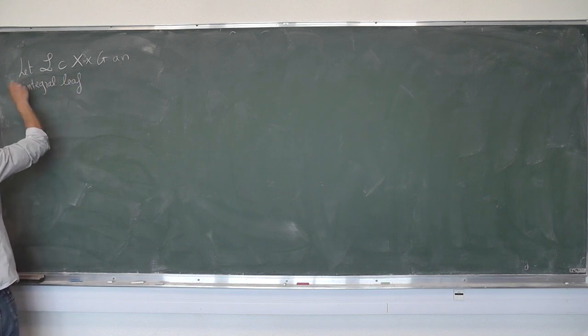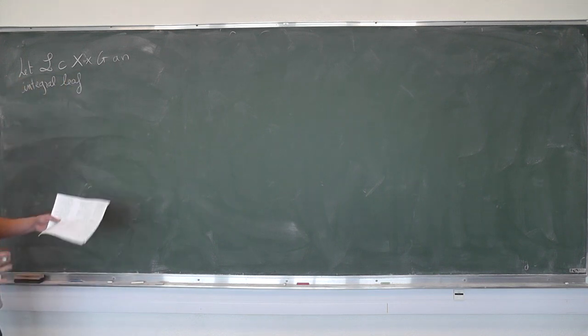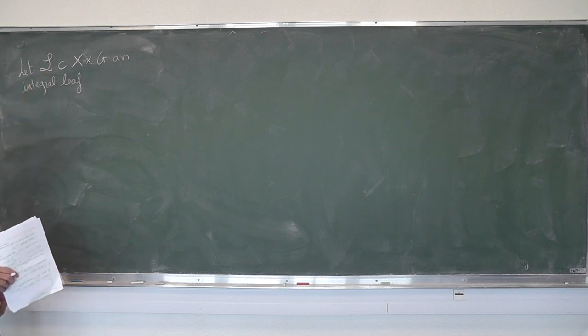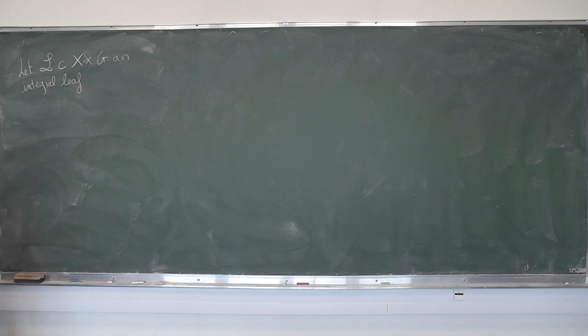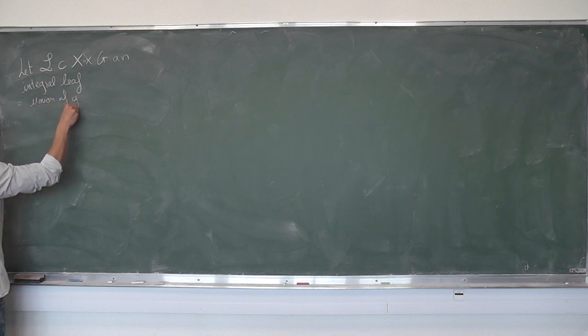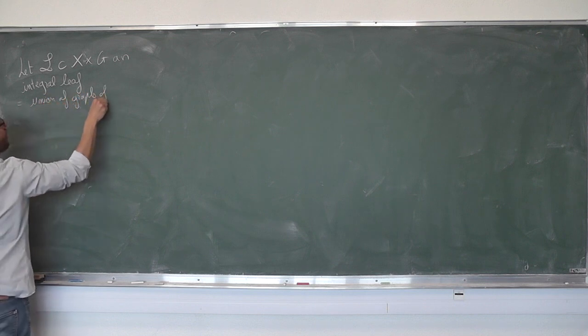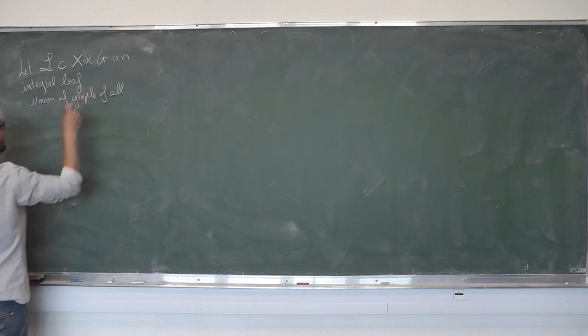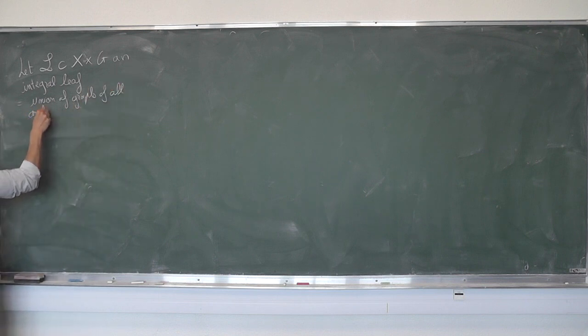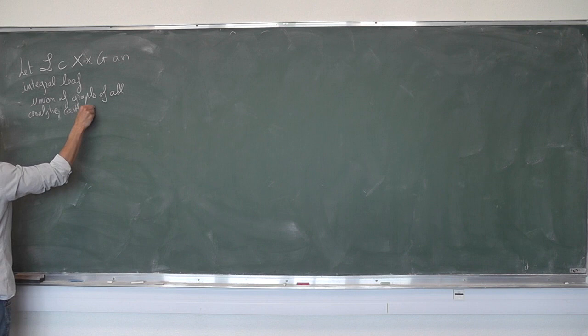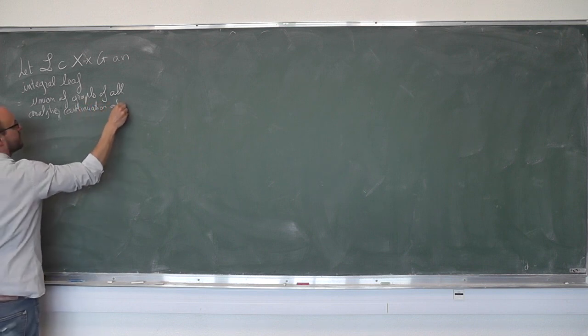If you know the Frobenius theorem, as I told you, there is this maximal analytic submanifold, but you can think of it as the union of the graphs of all the analytic continuations of a given solution U.